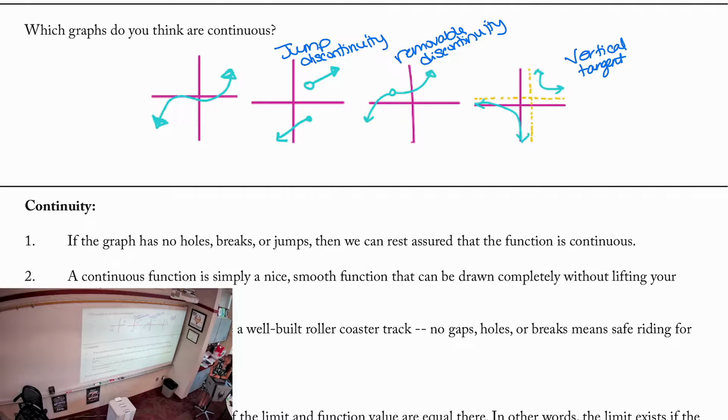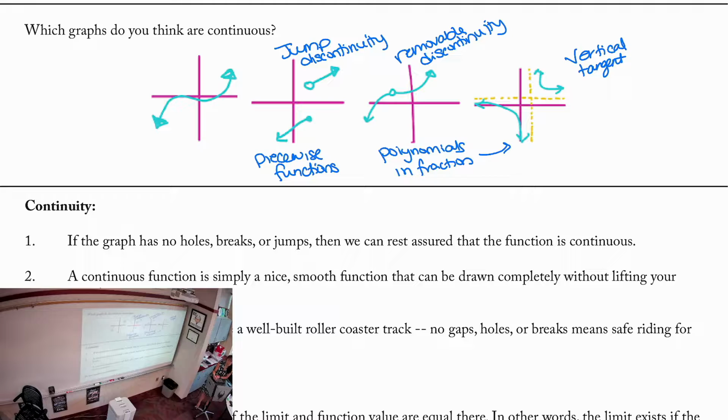Jump discontinuities occur when you have piecewise functions. Removal discontinuity is when you have polynomials and fractions. And that's also the same thing for a vertical tangent.